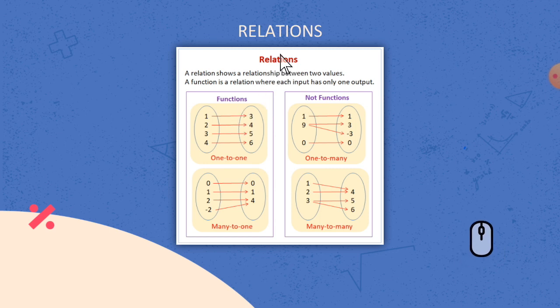And then under relation, we have the functions and not functions. So, mahati yung two types ng relation, which is the function. Under functions, we have the one-to-one relations and then the many-to-one relations. Next is the not function. Under not functions, we have the one-to-many relations and then the many-to-many relations.